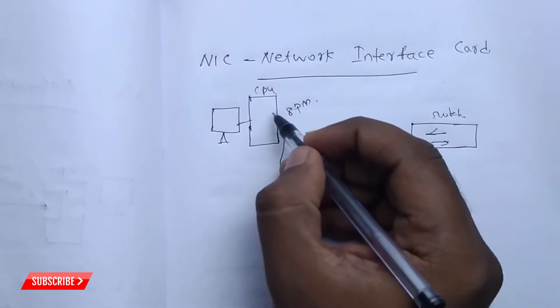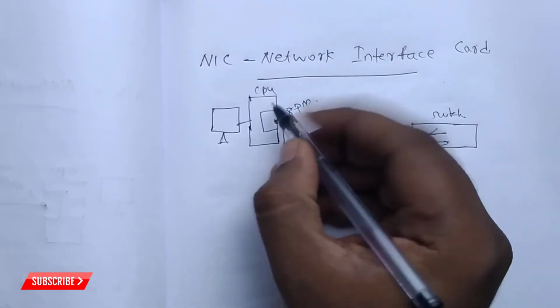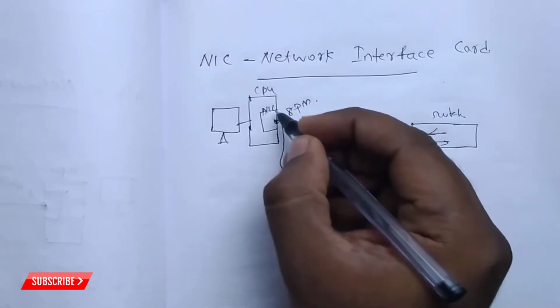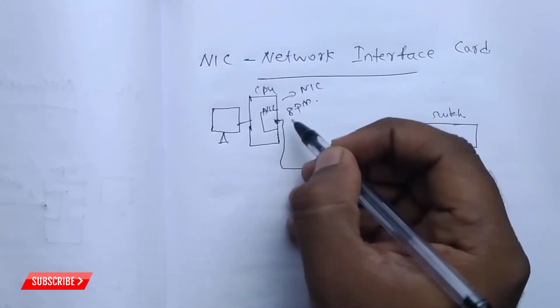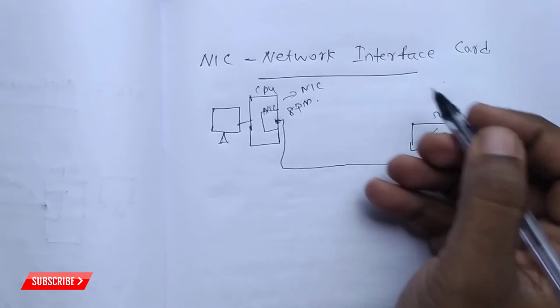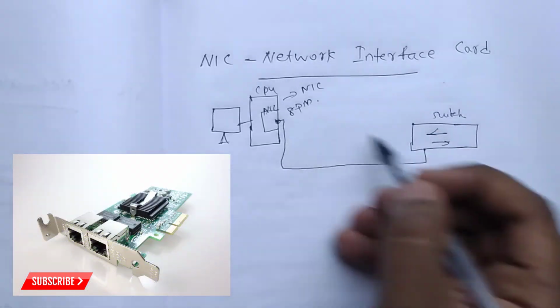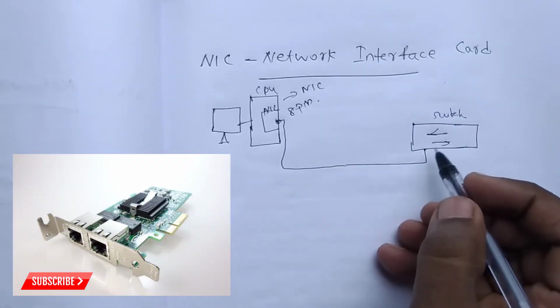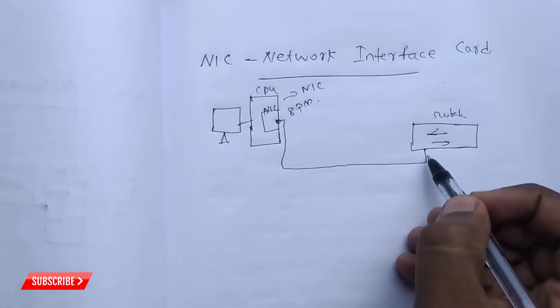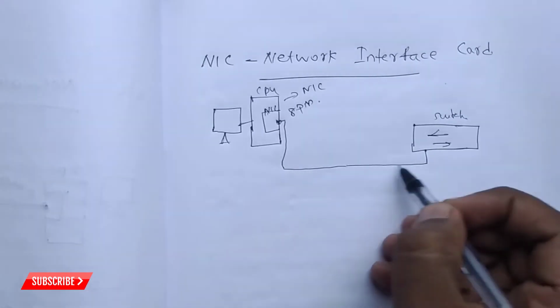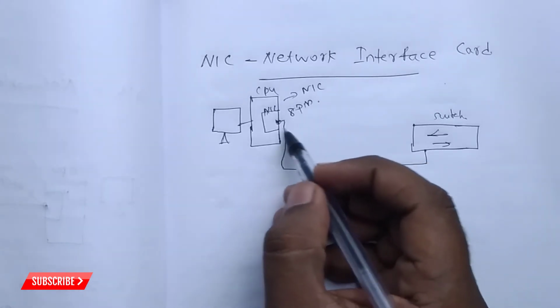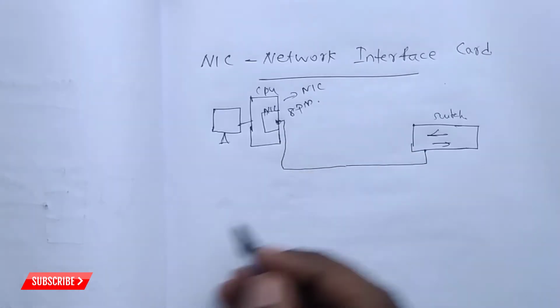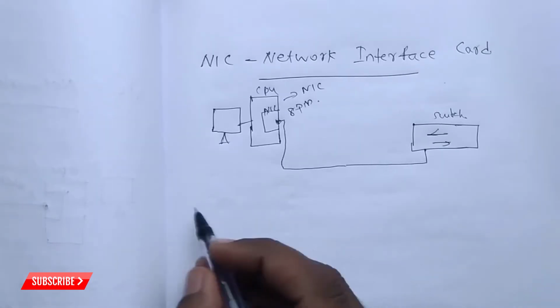This socket is part of the NIC. So we can simply say that we need to connect the LAN cable or Ethernet cable that comes from the switch to the NIC at the back side of your CPU.